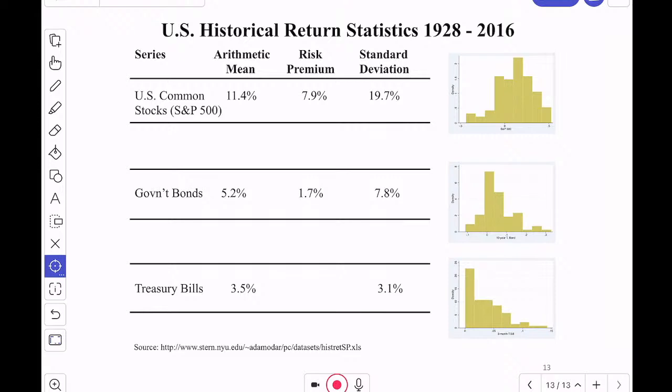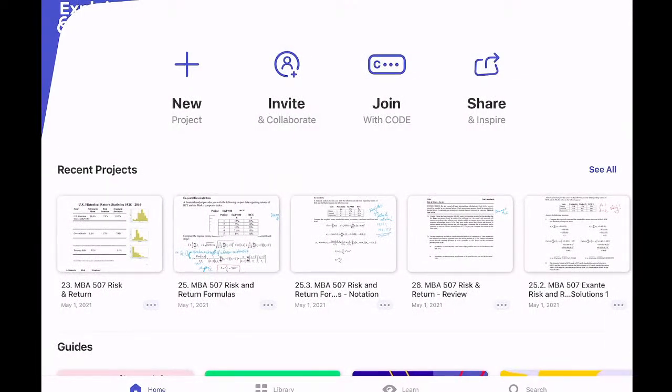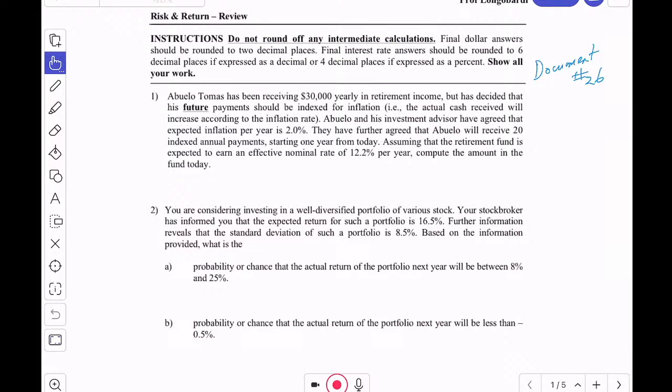So I've also prepared assignments for you. The review assignment that helps you review this is the one I showed initially, document 26. So you can practice with document 26 to review that content.